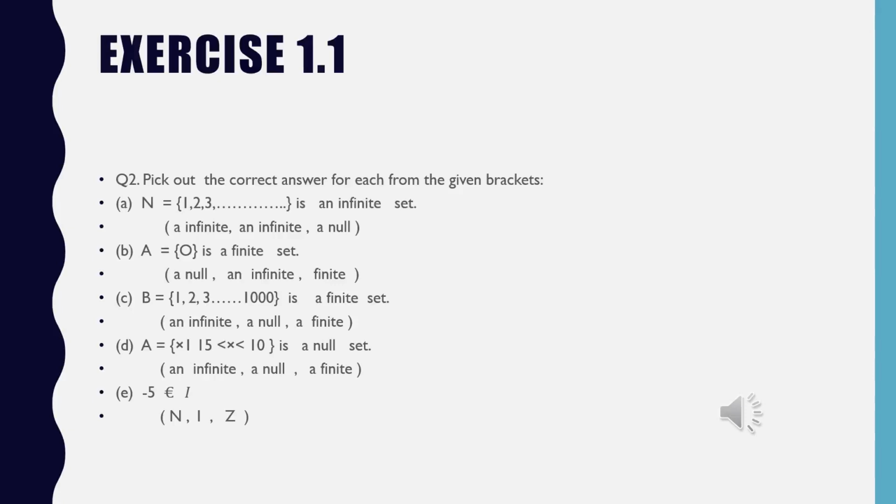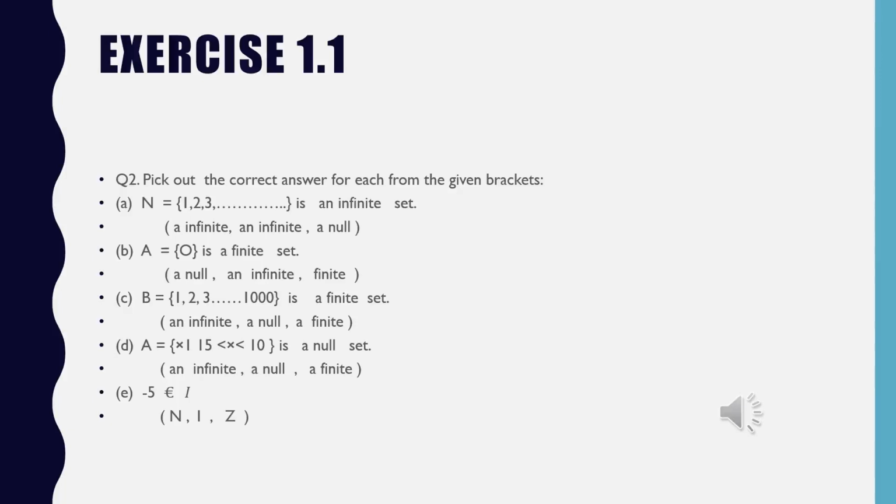The options are a finite, an infinite, a null set. Now, as I had already defined the finite set, infinite set and null set, what will be the answer for the set N?